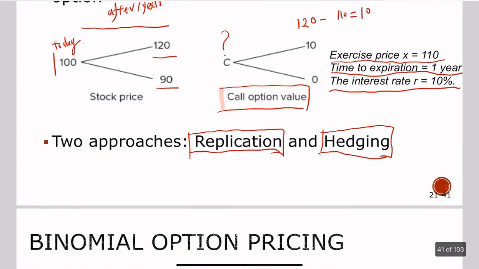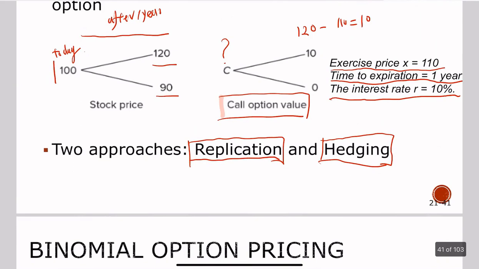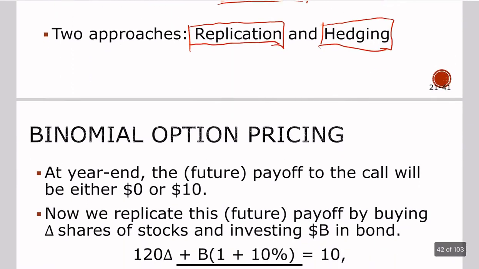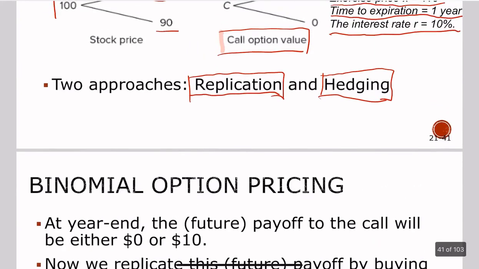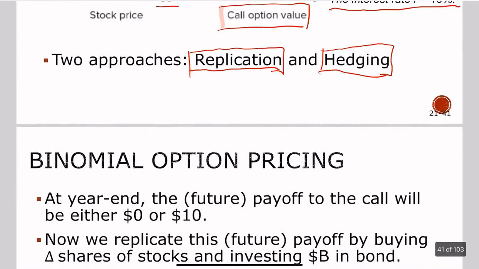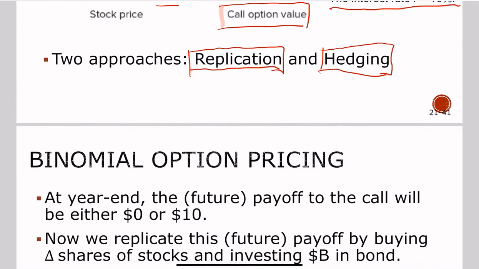Let me first talk about the general idea. We will use a portfolio of bond and equity to replicate the call option's payoffs. And if we can successfully replicate the call option's payoffs, then we could use the value of our portfolio as the value of the call.